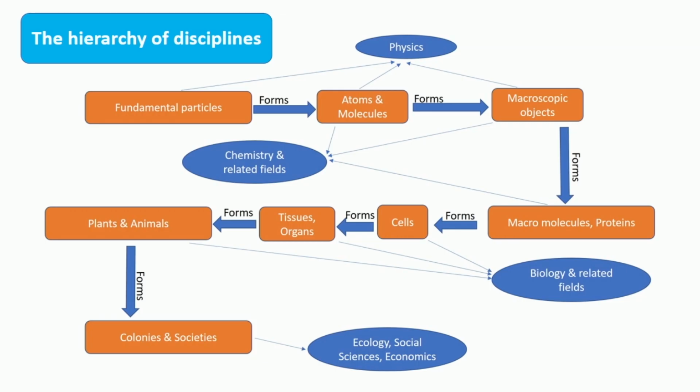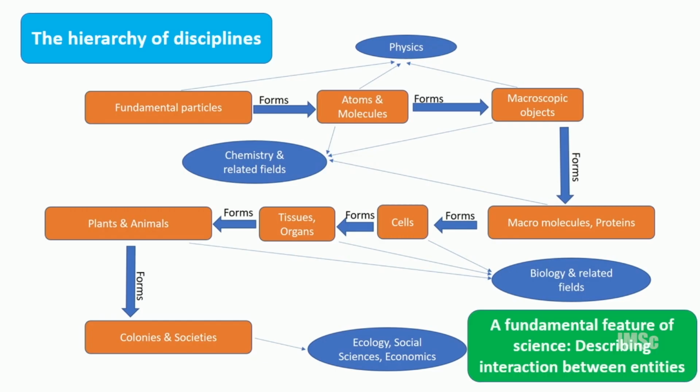So let's think about it. One fundamental thing we do in science in general is this: at each of these levels, what is the kind of interaction between the entities? This is one important question. For example, in physics, I would study how a classical object like a ball reacts to a Newtonian force, or how two charges interact with each other.